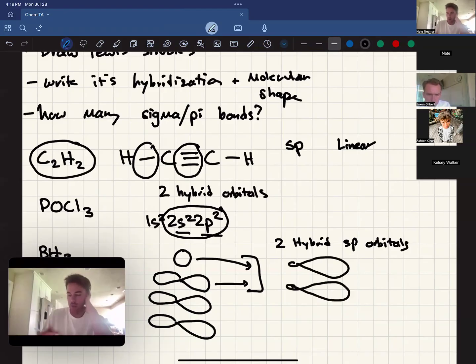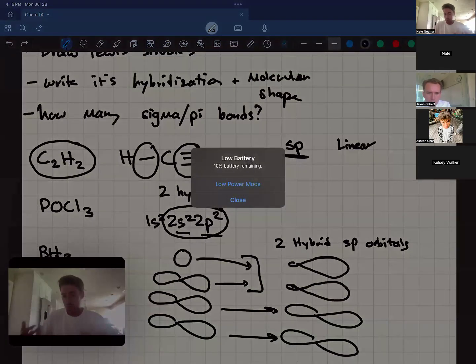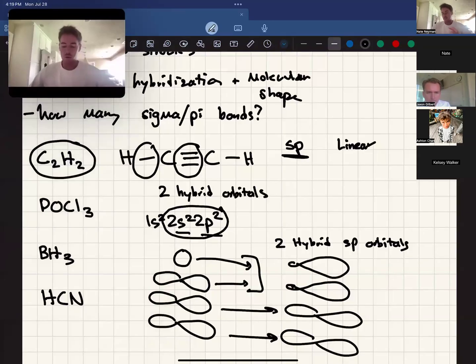If you watch my review, I went over this in the exact same way. The other two orbitals available are just going to be its regular p orbitals. It's sp because we're taking one s orbital and one p orbital. That's the recipe for our hybridization. These orbitals are mixing together to form a new orbital that is used to form a single bond.